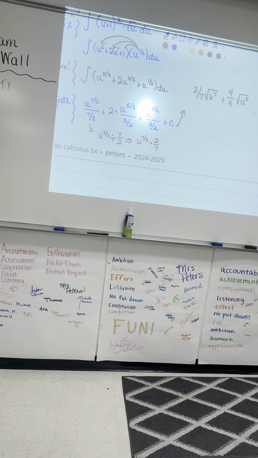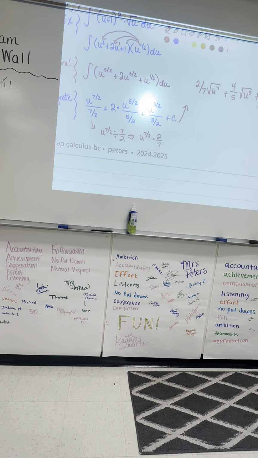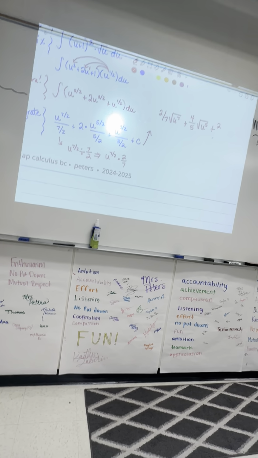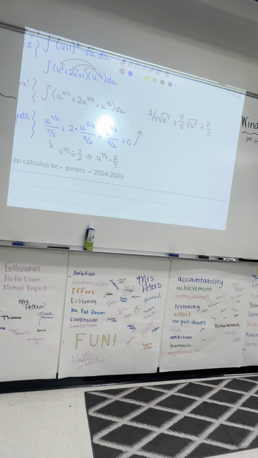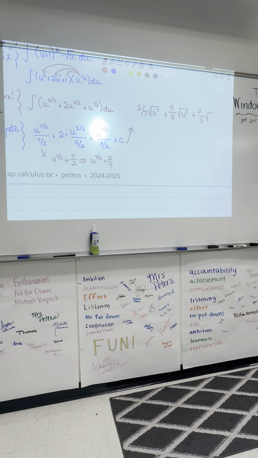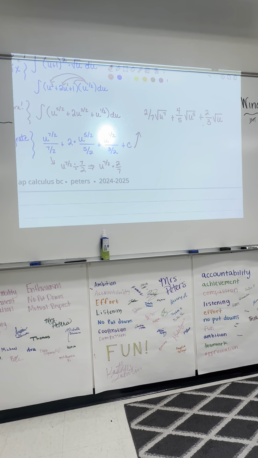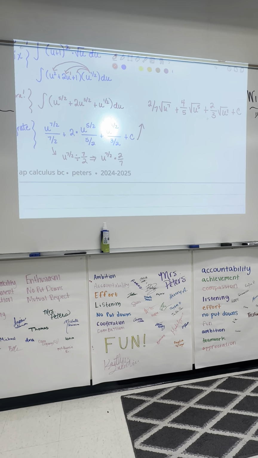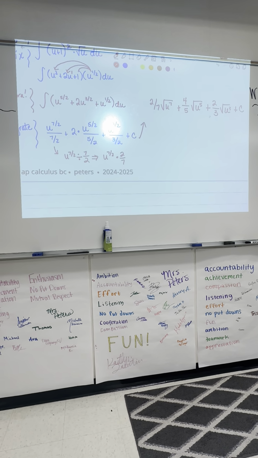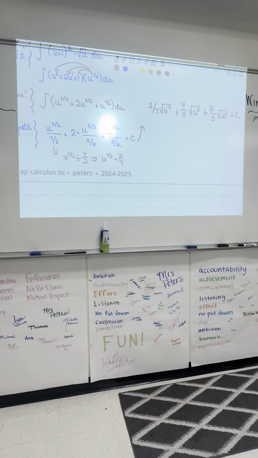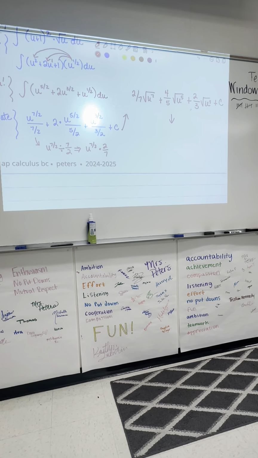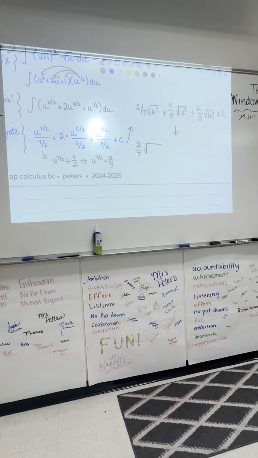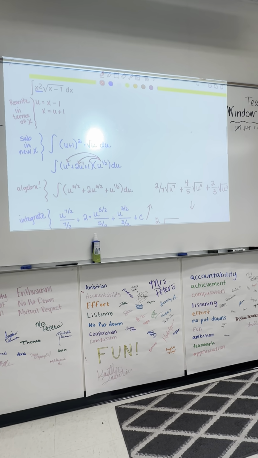And the last one, what is that gonna be? 2/3 square root of u cubed. And then you plug in your u, which I don't really have a lot of room to do. I better do it though, just in case the band students wanna look at the notes online. Let's see, x minus 1.